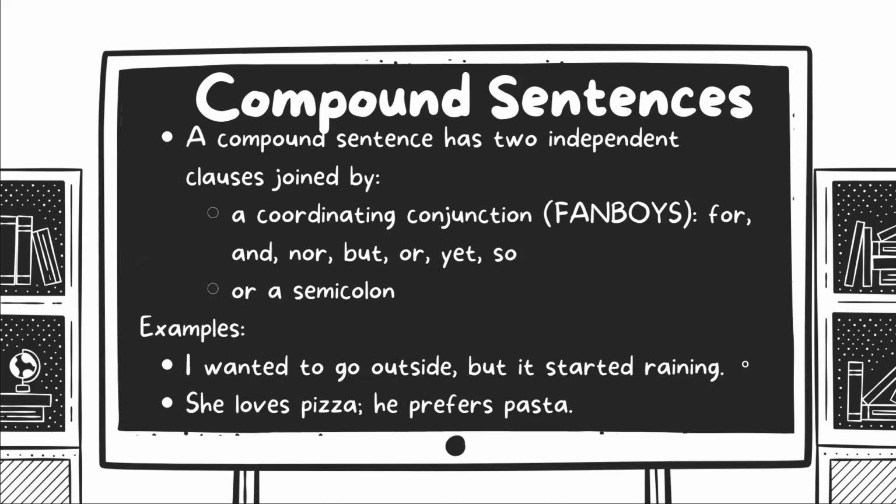So remember that a coordinating conjunction is fanboys, which stands for for, and, nor, but, or, yet, so. So a compound sentence has two independent clauses which are joined by a coordinating conjunction or a semicolon, as I have given in the examples.